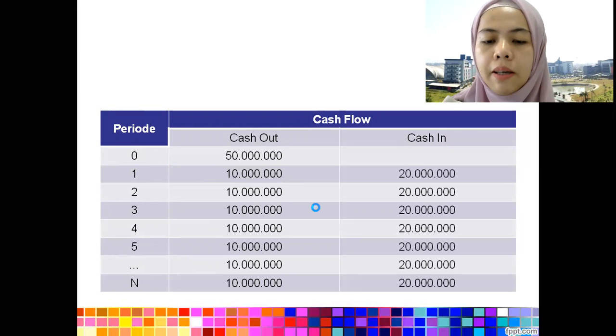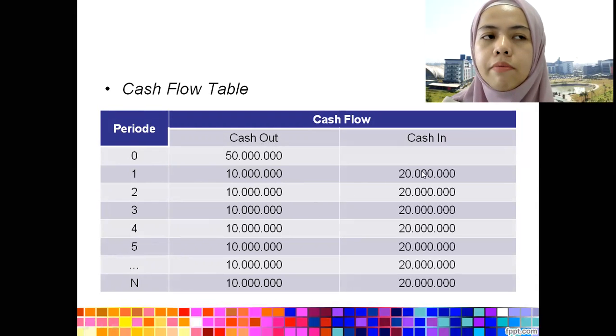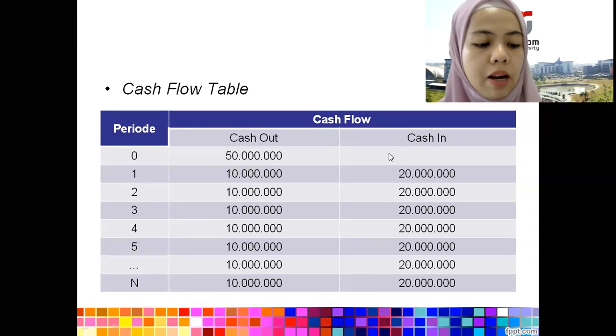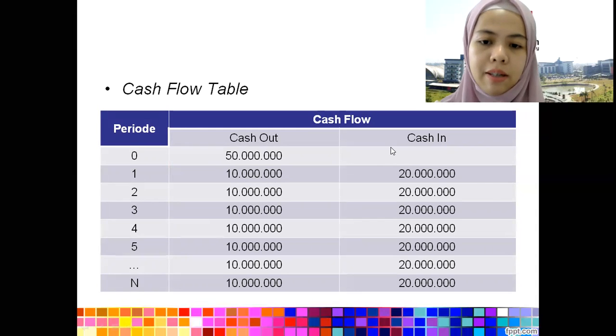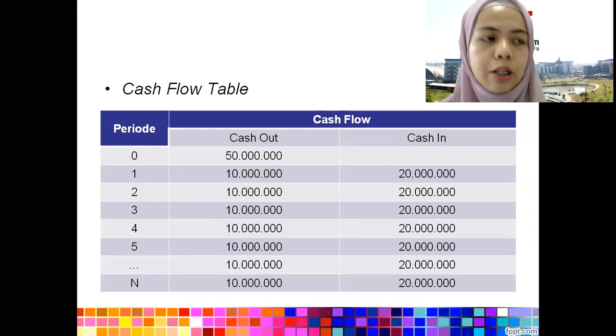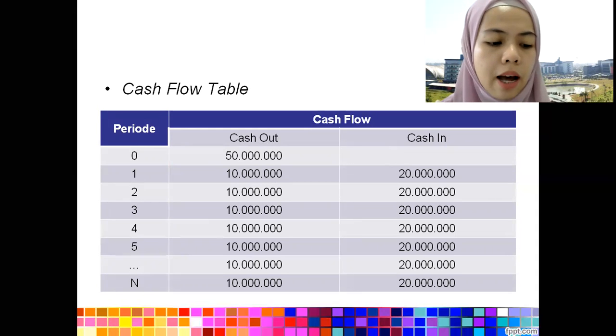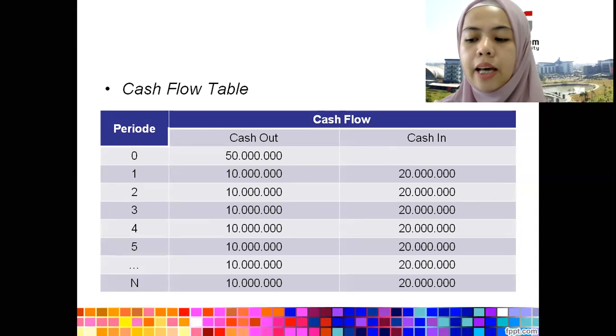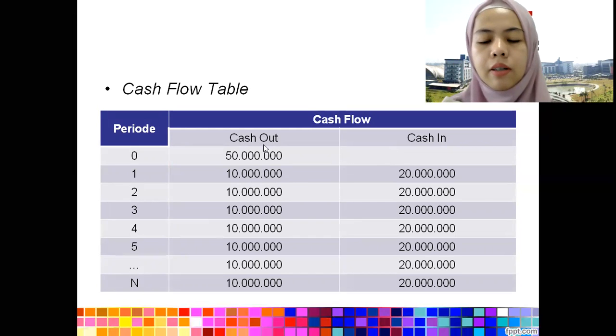And then for cash in, our annual earnings, the annual benefit, is 20. Don't put 20 in the same position as the zero period, because in the end of period convention, you have to wait until all the transactions are written at the end of the period.